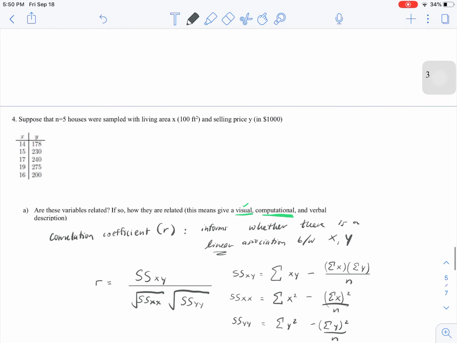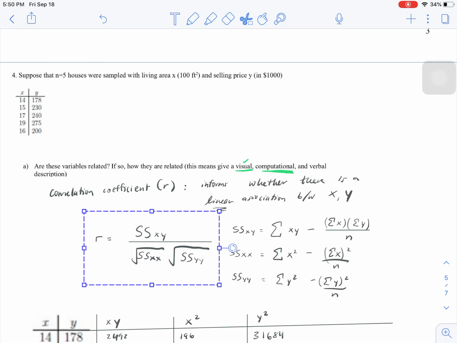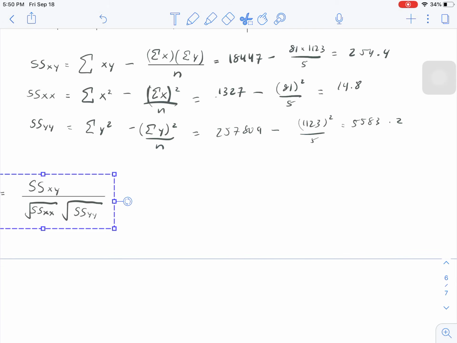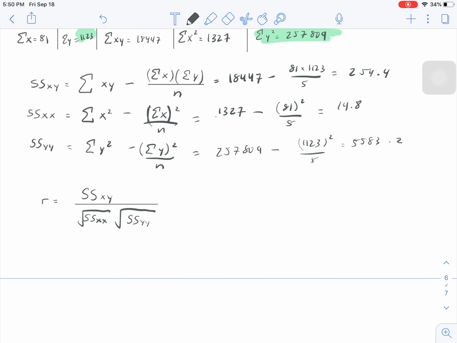We're not quite done yet. Remember, we wanted to calculate the correlation coefficient, which was r. So now, all we have to do is take these sums of squares and plug them into our formula. So I should get 254.4 divided by the square root of 14.8 times the square root of 5583.2, and you get 0.89.